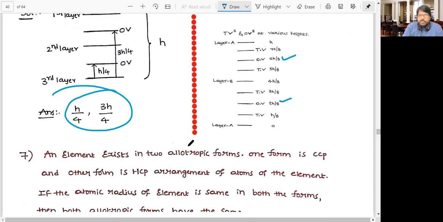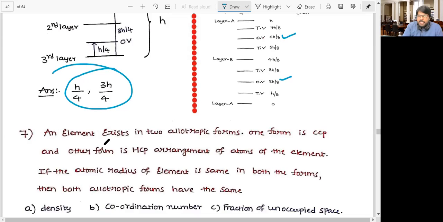And the next one. An element exists in two allotropic forms. One is CCP and the other one is HCP. Same element, allotropes, physical properties are different.